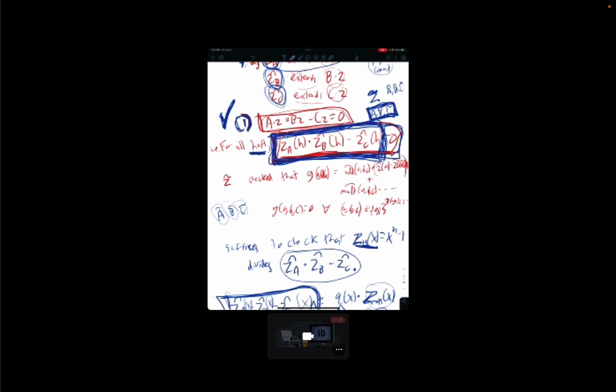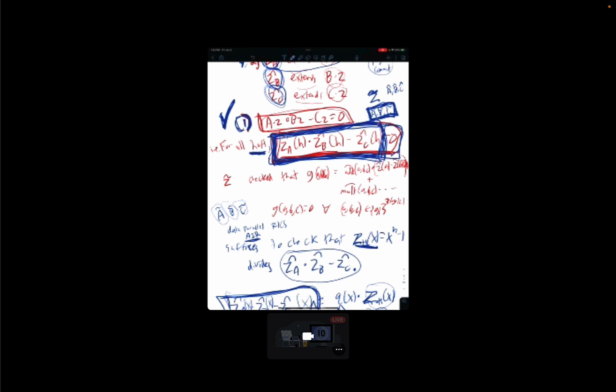repeated structure. So there's a version of data parallel R1CS. There's also AIR. AIR is a kind of circuit that has repeated structure baked into its definition.